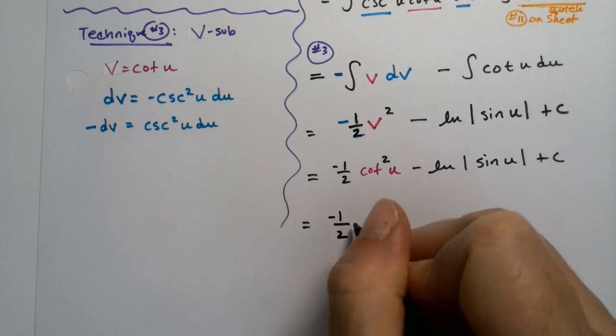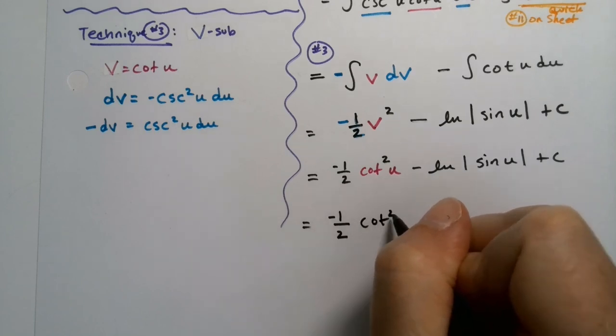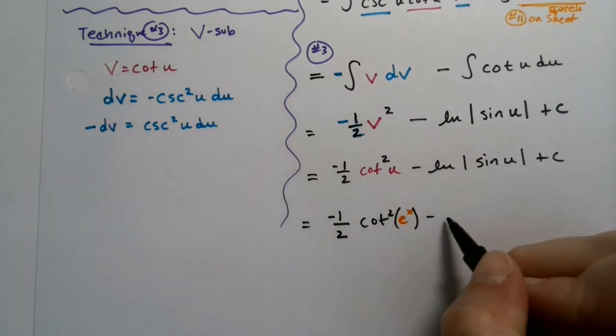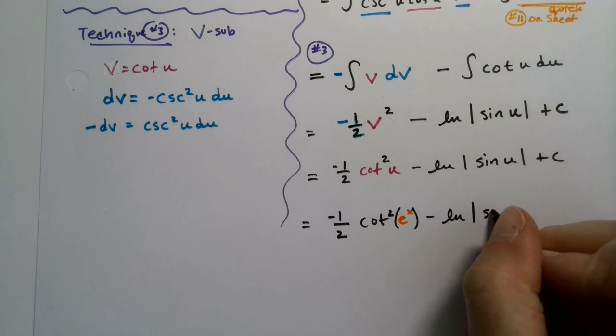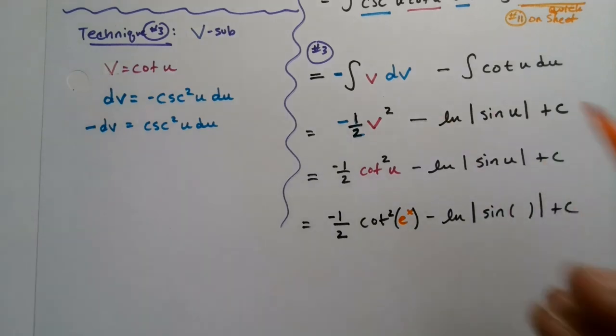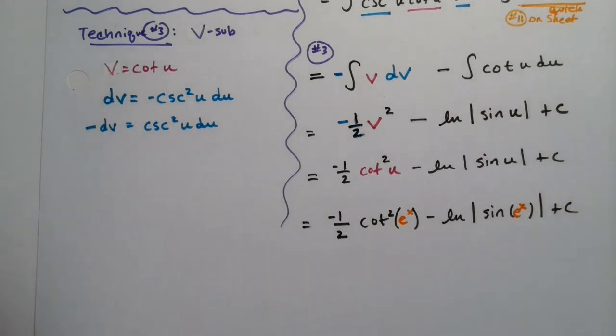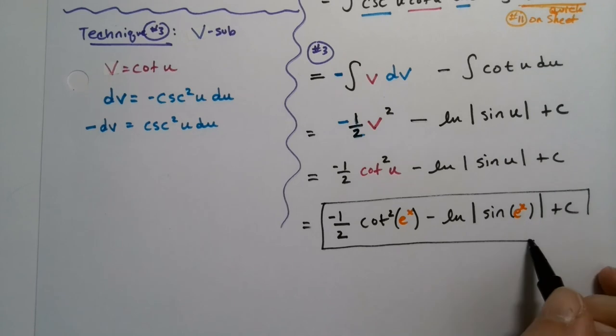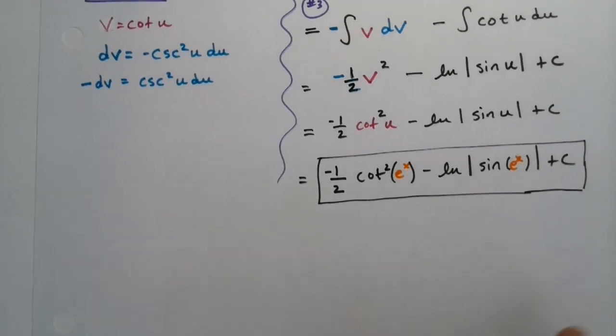So this is negative 1/2 cotangent squared of e to the x minus natural log absolute value of sine of e to the x. And you're done. And for once, there's no funky things to keep going with because there's not enough logarithms to make it interesting. So we're done right there.